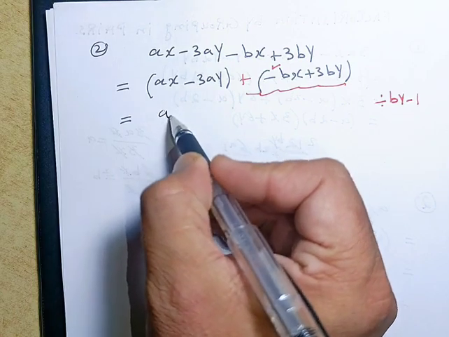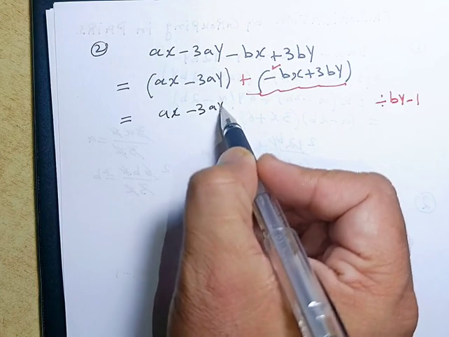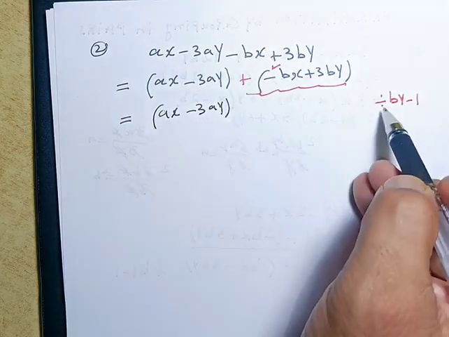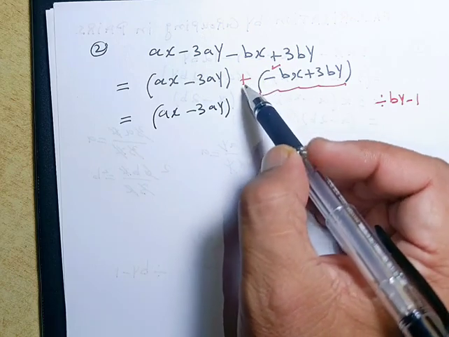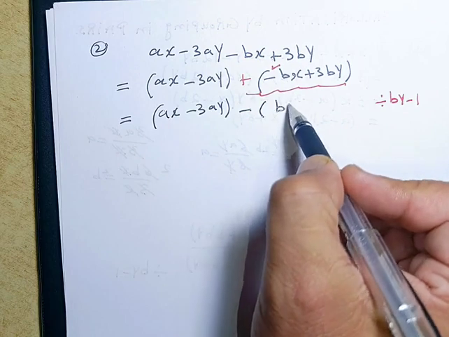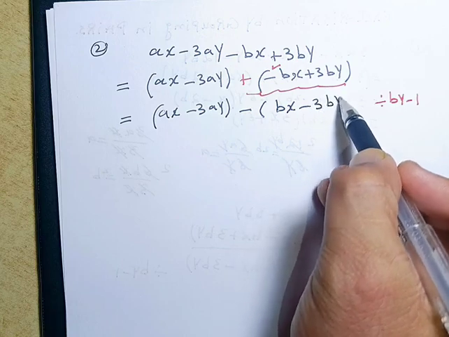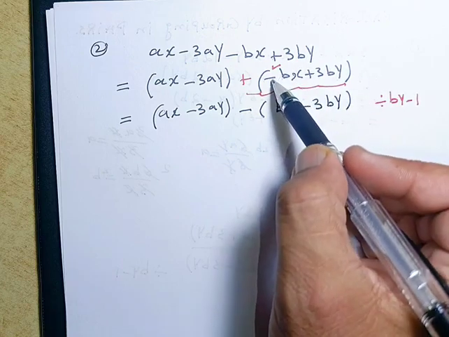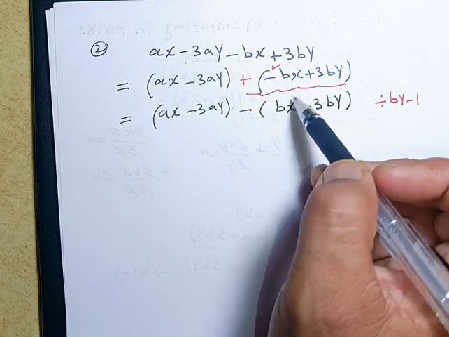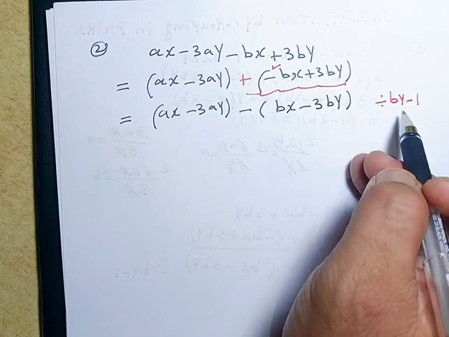Have a look. ax as is, minus 3ay. Now this one we are going to divide by -1. So positive becomes negative, and negative becomes positive. If you see a positive sign here, then no problem. But if you see the negative sign, then you have to divide by -1.